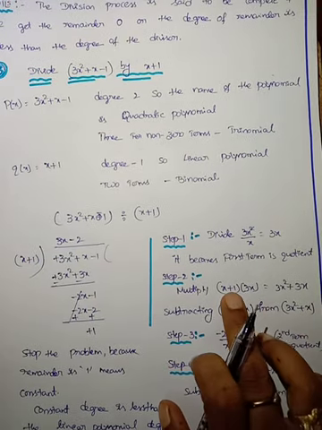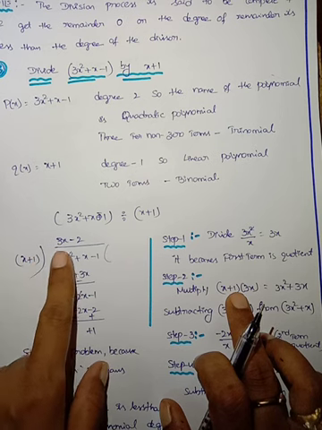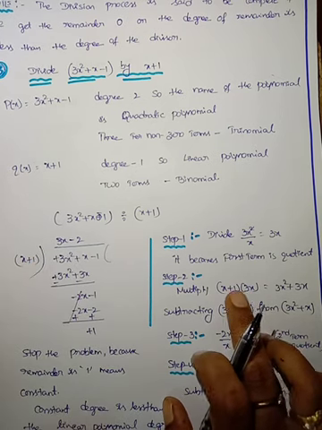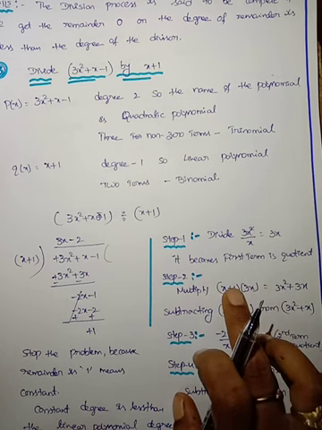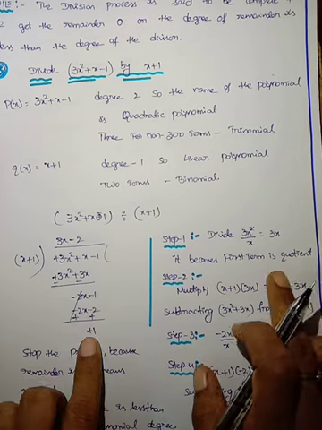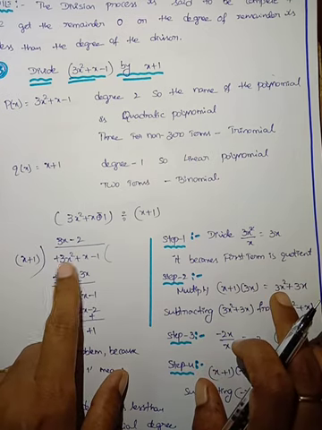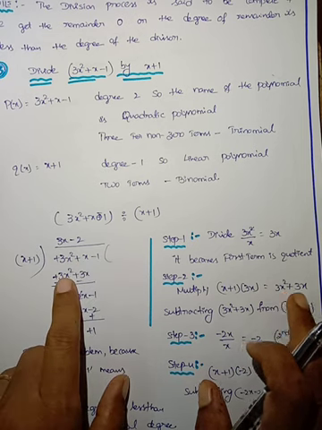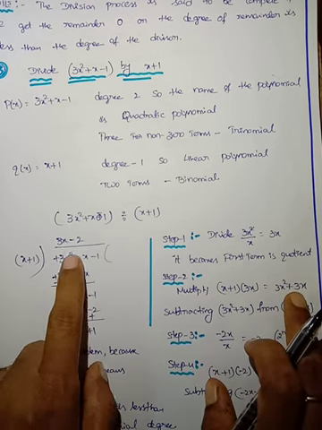So multiply divisor x plus 1 into the first term of the quotient 3x. 3x into x, 3x square. 3x into 1, 3x. You have to write these terms under the dividend. I am writing these terms under the dividend.